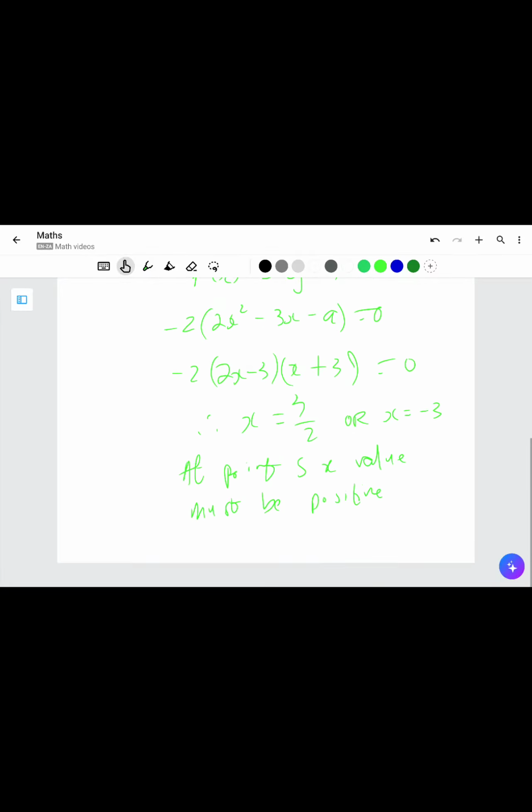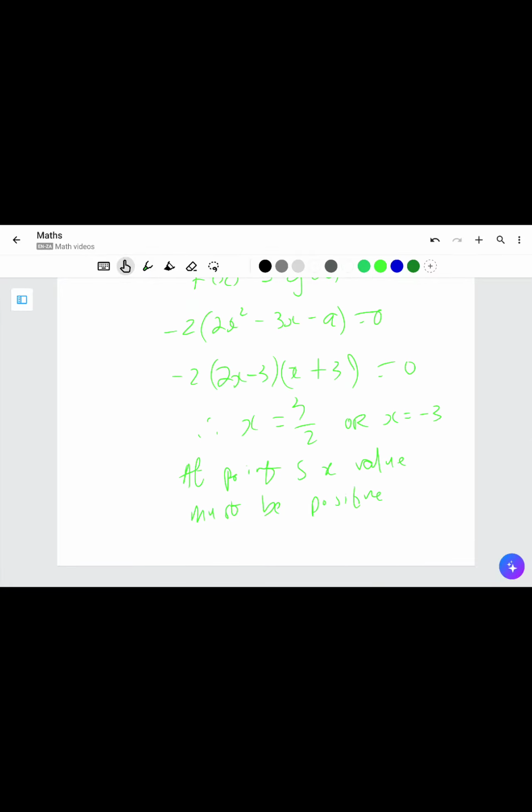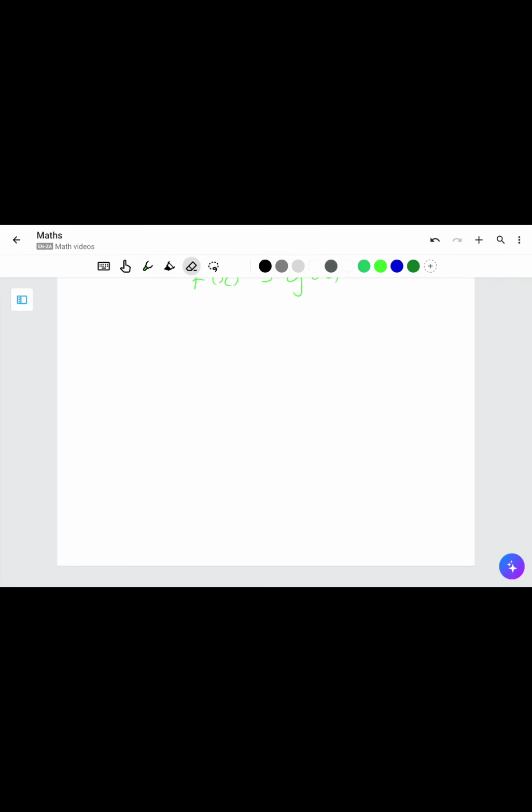So what does that mean? We can now use x equals 3 over 2, because we know that x has to be positive. So let's have a look at this, guys.